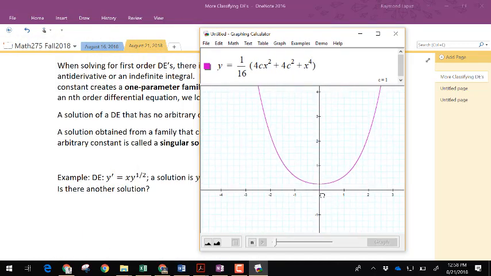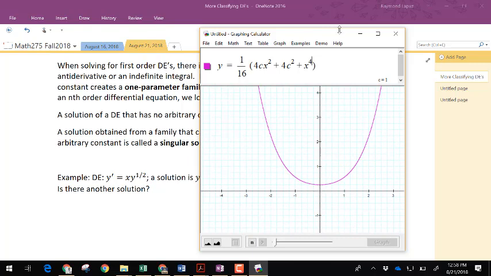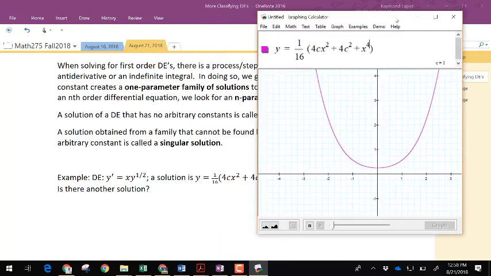So when c is equal to 1, is it a parabola? Looks like a parabola, but it's technically not, right?